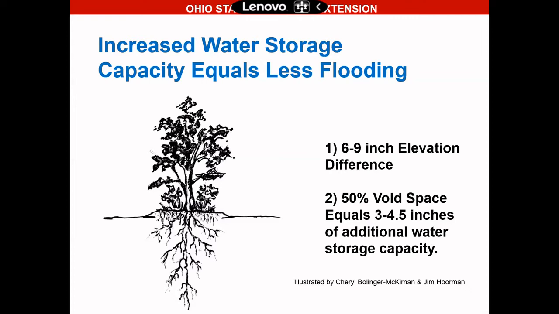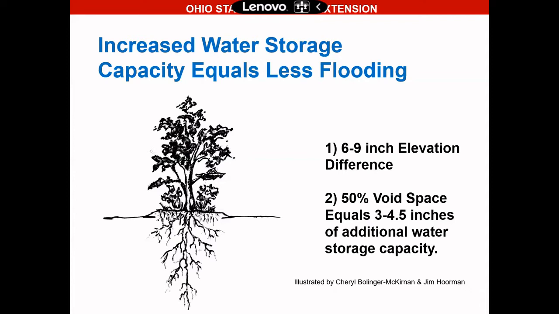I talked to my advisor, and he said that's just because the soil has eroded. I took some measurements on the lee side of a woods, and I found anywhere from a 6 to 9 inch elevation difference. So I did some investigation and came to find out that our soils are compacted mainly because we've lost so much organic matter from them.